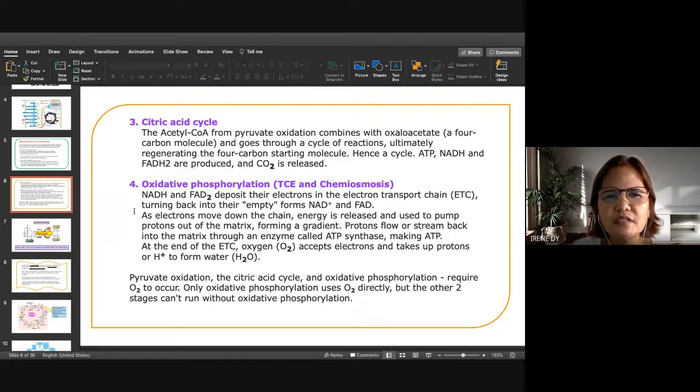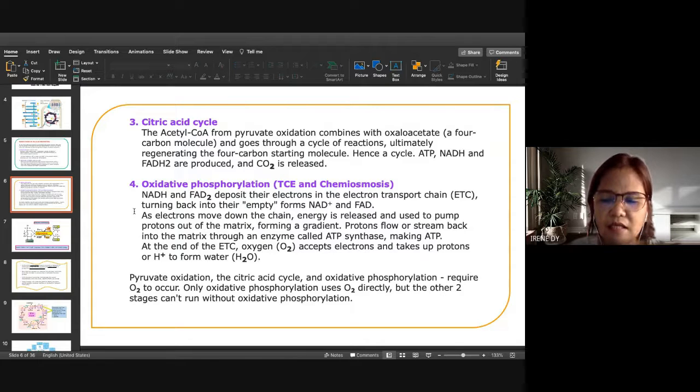So let's go for the citric acid cycle, or TCA, the Krebs cycle. Calvin-Benson cycle din yata tinatawag na to. So acetyl coenzyme A or CoA, galing sa pyruvate oxidation, would be combining with oxaloacetate. Makikita niyo sa diagram na oxaloacetate is a 4-carbon molecule, and it goes through a cycle of reactions.